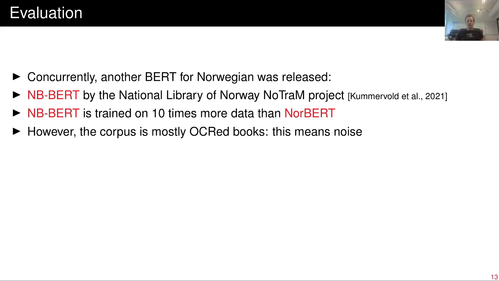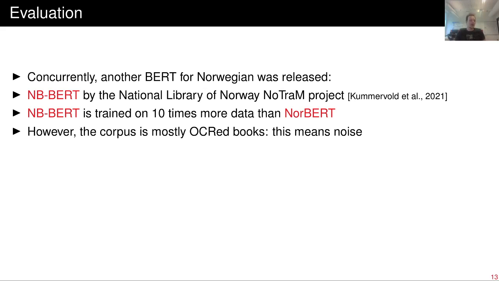Let's move on to the evaluation part. Concurrently with our work, another BERT model for Norwegian was released, the so-called NB-BERT, which was produced by the NoTram project in the National Library of Norway. This project is also presented at NoDaLiDa this year. The NB-BERT model is trained on 10 times more data than NorBERT, so the National Library, of course, has access to much more text than we do.